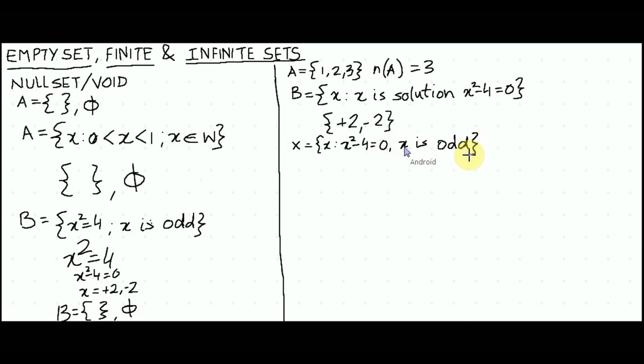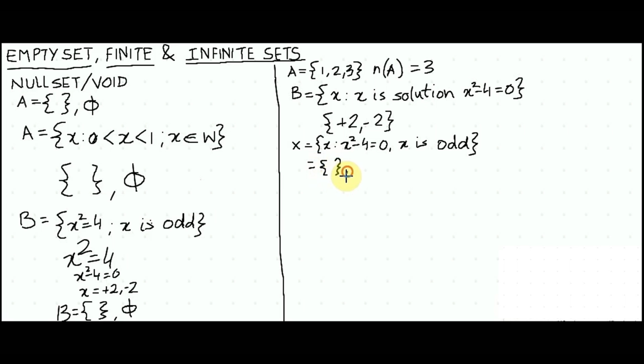So this is the set which I have written, and it is the same example which I gave when I was explaining the empty sets. The solution for this is an empty set, right? Because the elements for this equation would be plus 2 and minus 2, but the condition is that x should be odd.